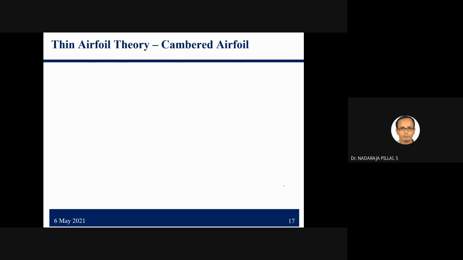So in general, the Fourier cosine series representation of a function of theta can be expressed in terms of B naught plus the summation of n is equal to 1 to infinity Bn cos n theta, right?